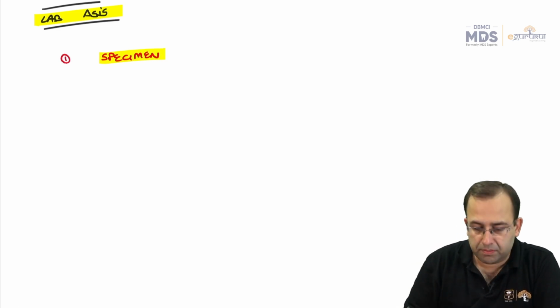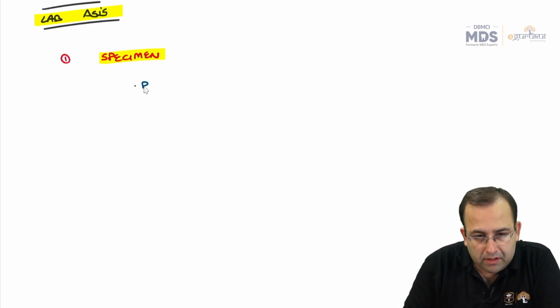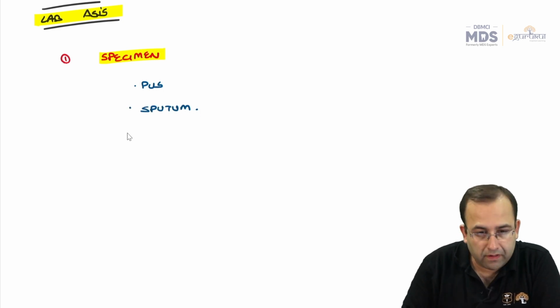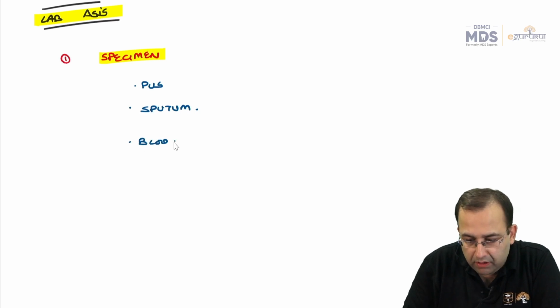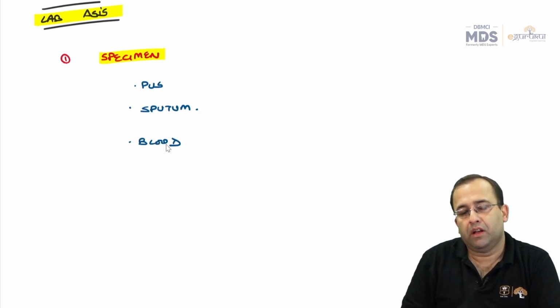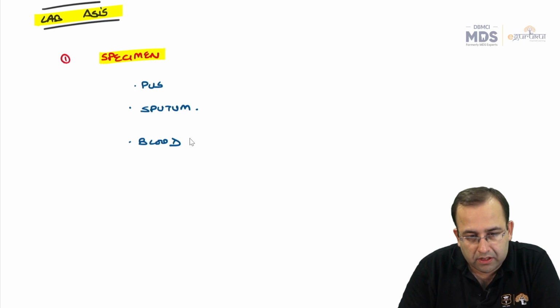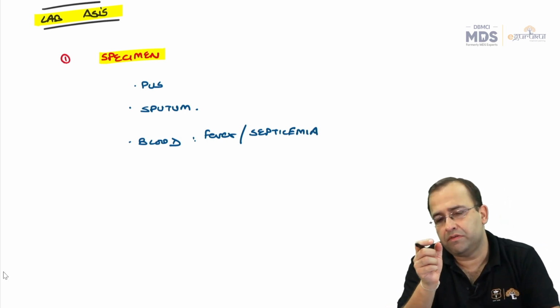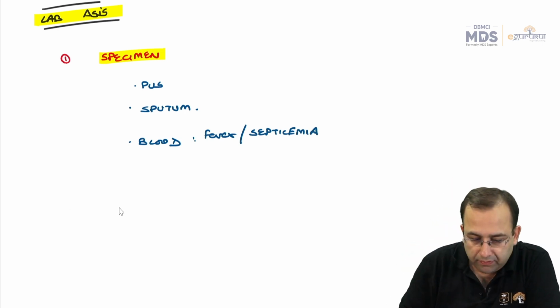It can be pus from a suppurative lesion. It can be sputum in case of respiratory tract infections. In cases of fever or septicemia, it can be blood, for which we use the blood culture bottles.